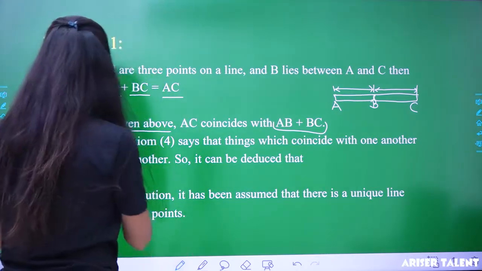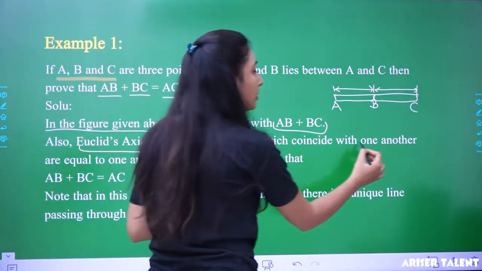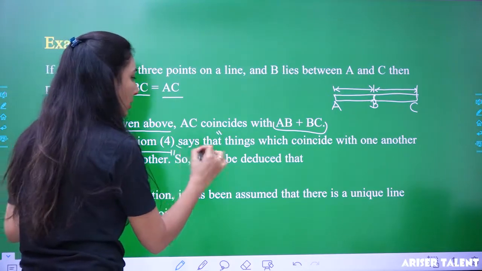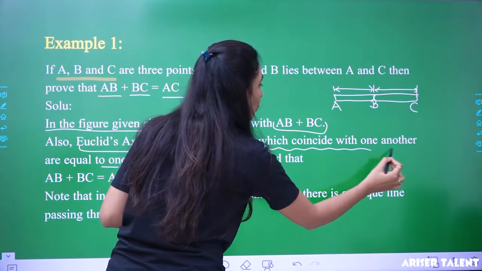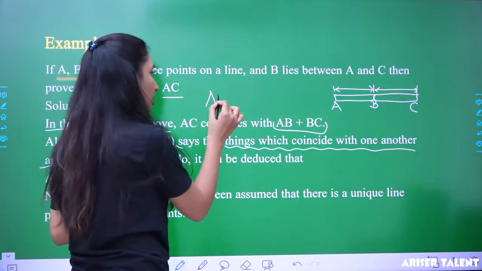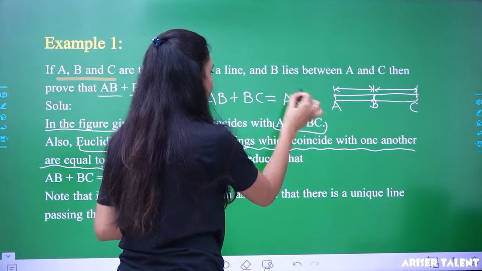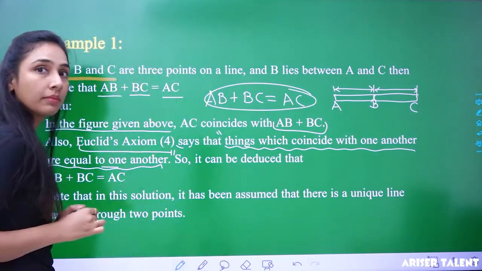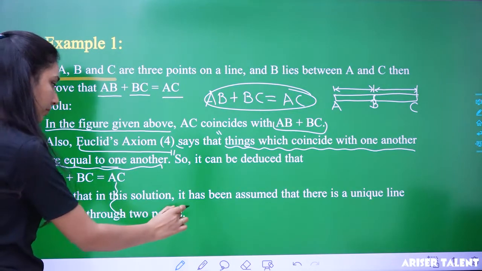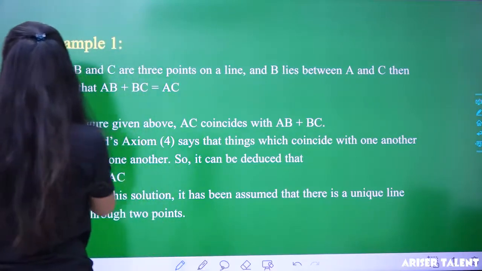Euclid's fourth axiom says that things which coincide with one another are equal to one another. So due to this fourth axiom, we say that AB plus BC is equal to AC. Understood this? Okay, right.